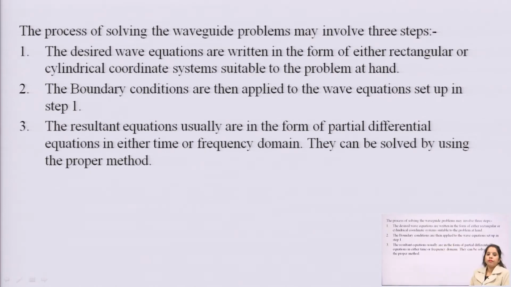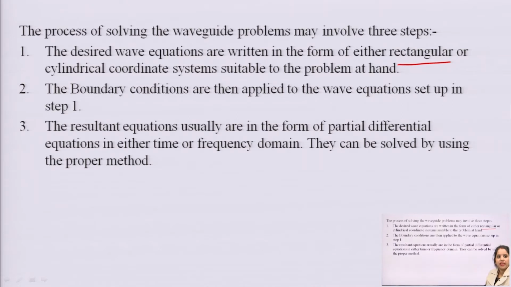We can see in the last slide that we are able to calculate the modes from the Maxwell equation. The process of solving waveguide problems involves three steps. First, the desired wave equations are written in either rectangular, cylindrical or spherical coordinates, whichever is suitable for us.